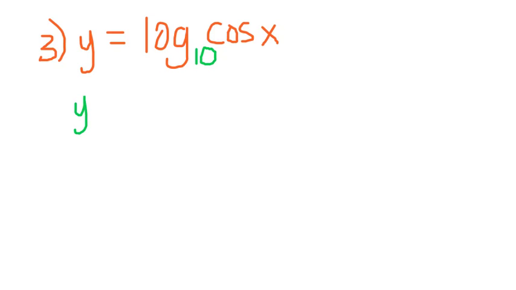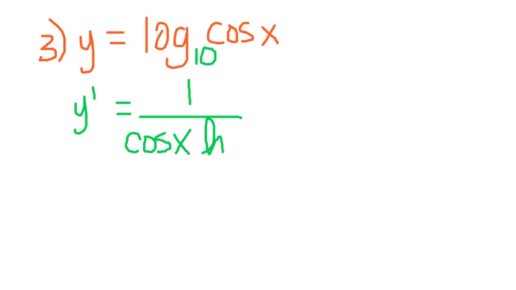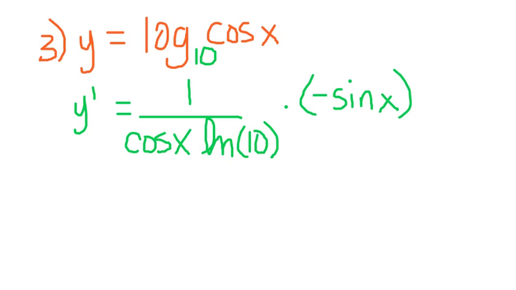So the derivative of this is simply 1 over cosine of x times the natural log of the base, which was 10. And then don't forget, we have to use chain rule here and multiply by the derivative of cosine of x. So the derivative of cosine of x is negative sine x. That's your derivative.